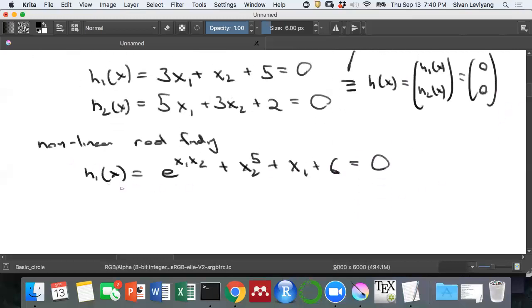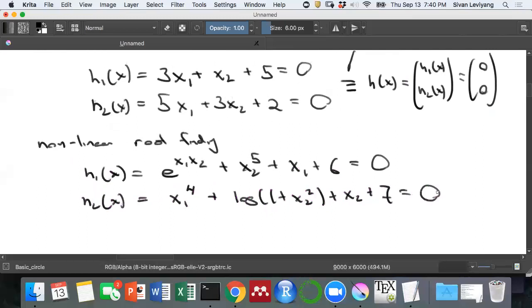Right, so your h1 now is this complicated nonlinear function, and your h2 of x is, I don't know, something else. So don't take what I wrote down too seriously. I just want you to see examples of two nonlinear equations. So this maybe you haven't done before.